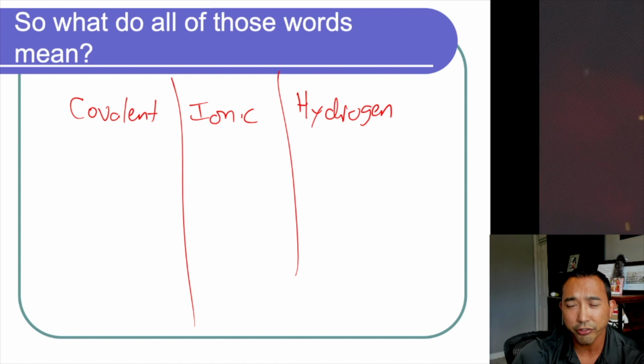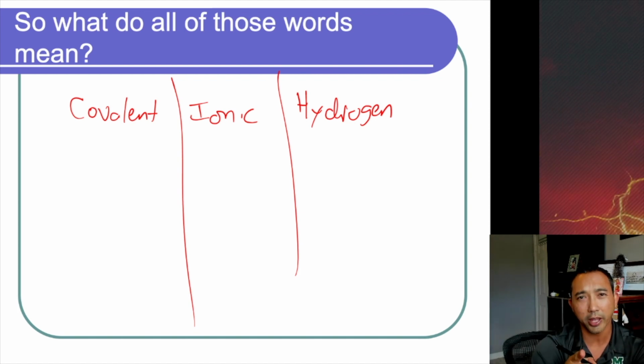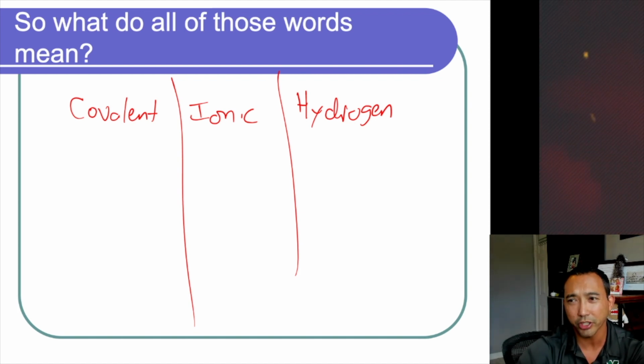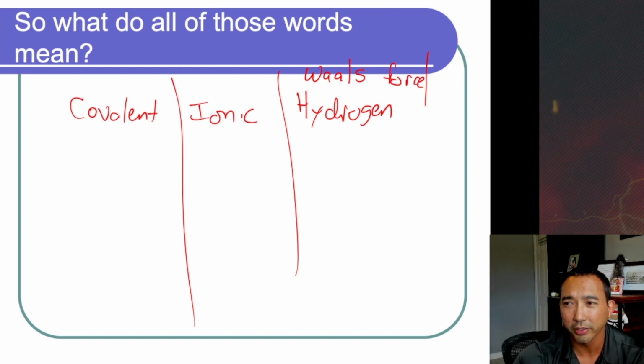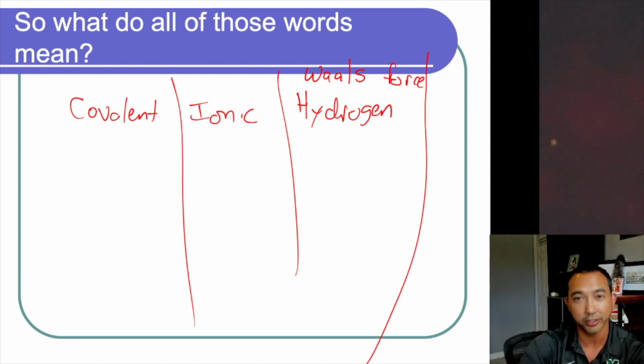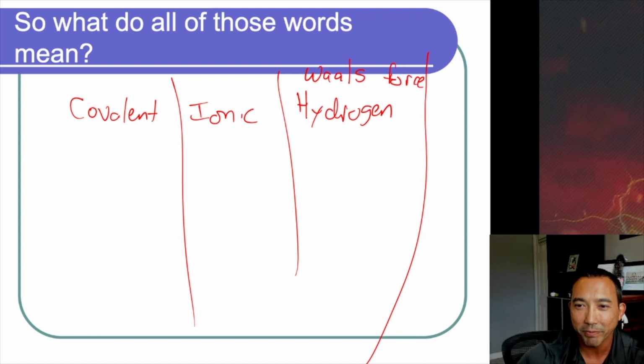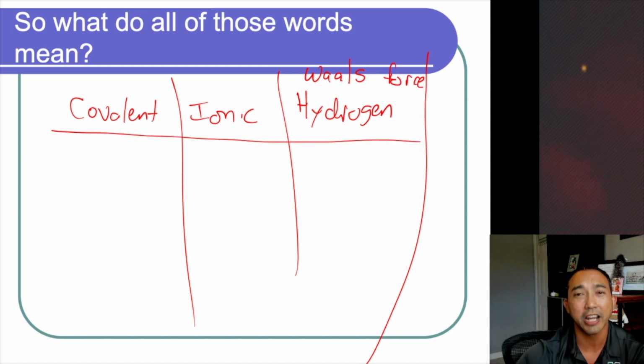We call it hydrogen bond, but again, if you're going into full IB bio or IB chemistry, you also have to know the name van der Waals forces, right? I'm just going to write that because I just don't have space, as you can tell with the crookedness here. Okay, so anyway, covalent, ionic, and hydrogen bonds, okay?